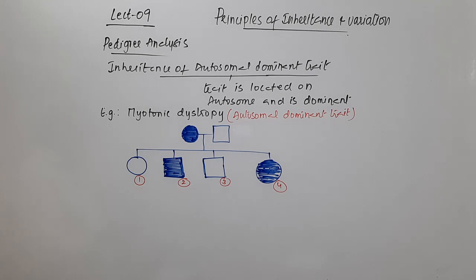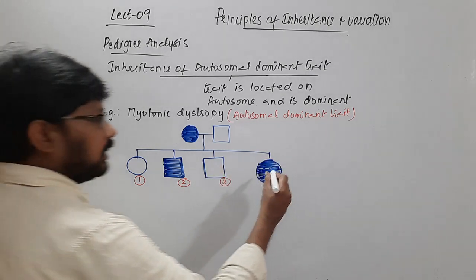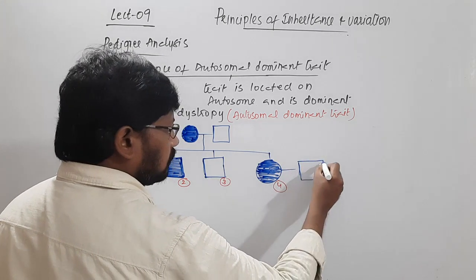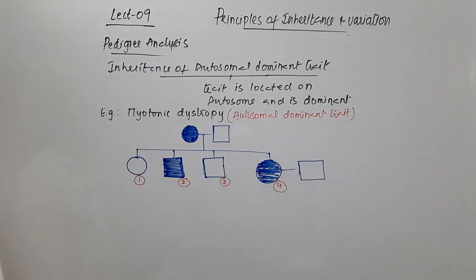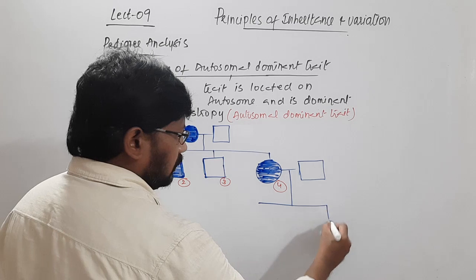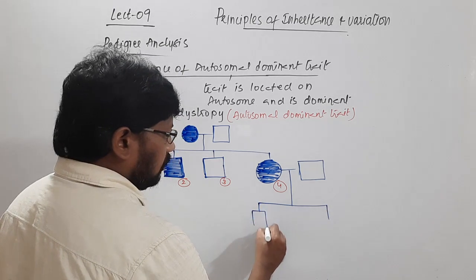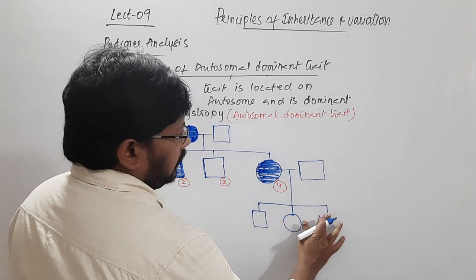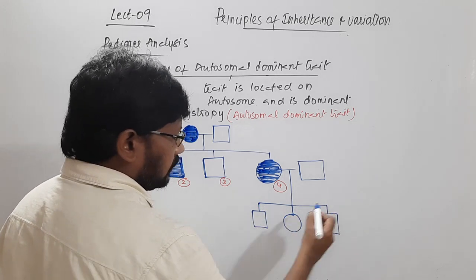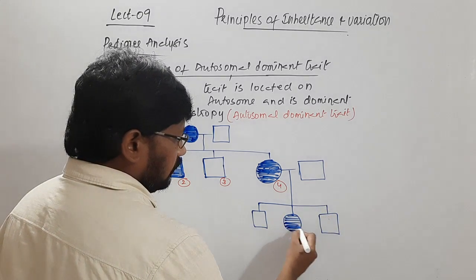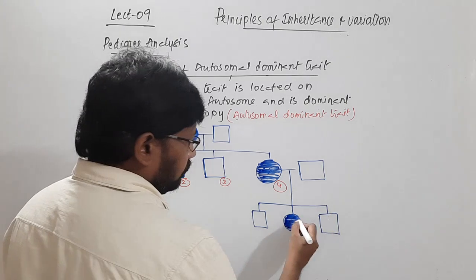Now the daughter marries, say, a normal man, and they have 3 children. The first one is a son, the second is a daughter, and the third is again a son. The daughter inherited this trait.